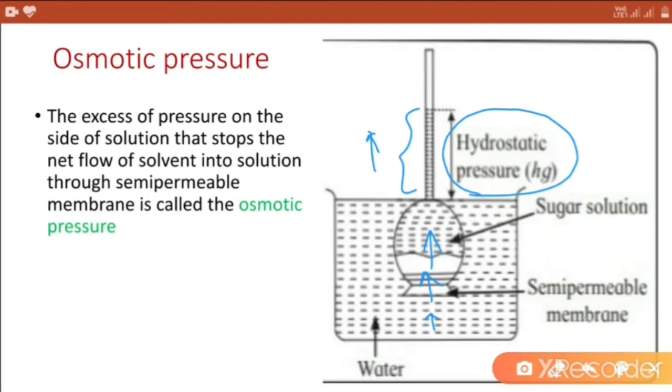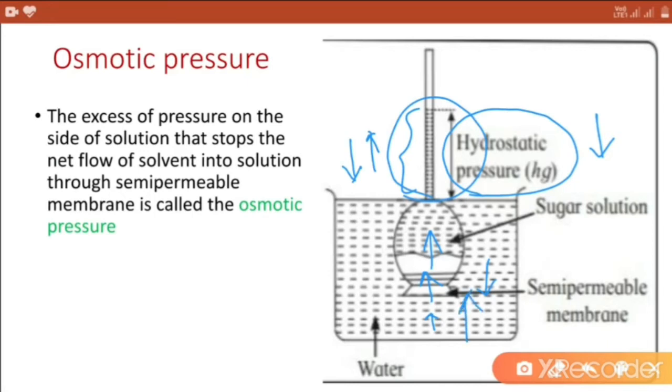Due to this hydrostatic pressure, liquid tends to go into the solvent, and there is equilibrium between the solution in thistle funnel and the solvent.